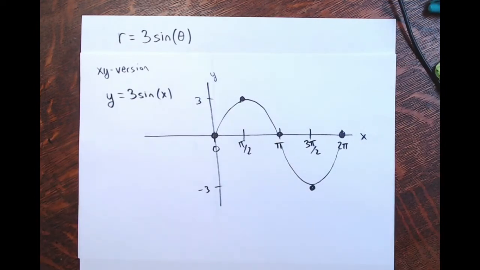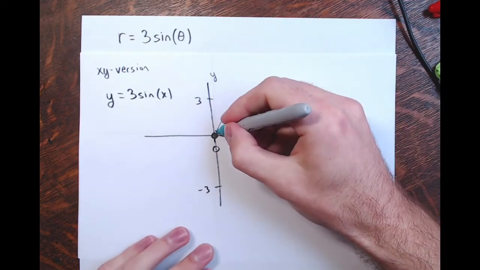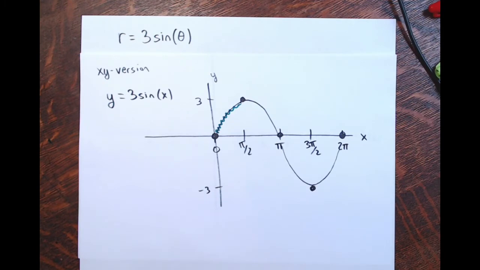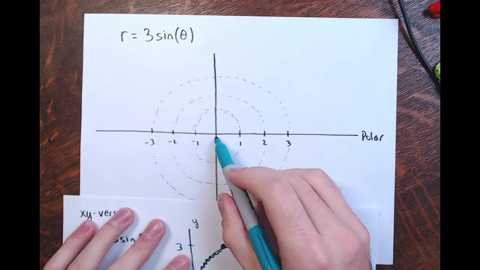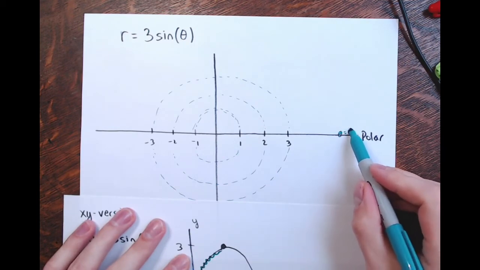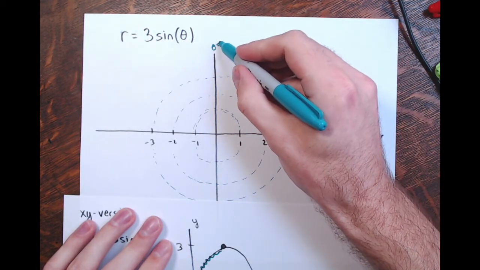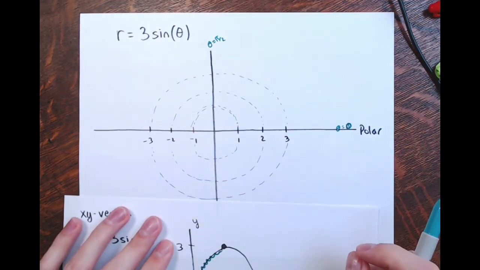So now, if I look at the first part of this, from here to here, that's from theta equals 0 to theta equals pi over 2. Theta equals 0 is representing the positive polar axis here. Theta equals pi over 2 would be going to the positive vertical axis.